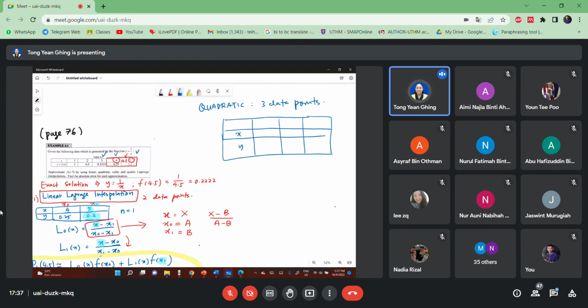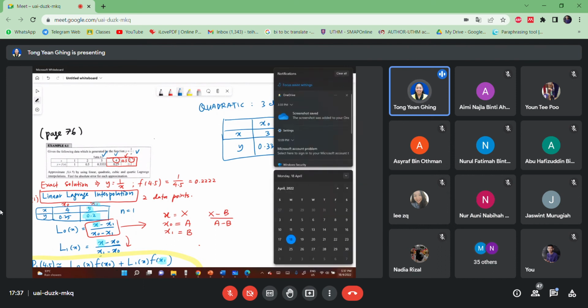Okay, this is X, this is Y. Let's say this is called X0, X1, X2. So this is 3, 4, 5. The values are 0.333, 0.25, 0.2.